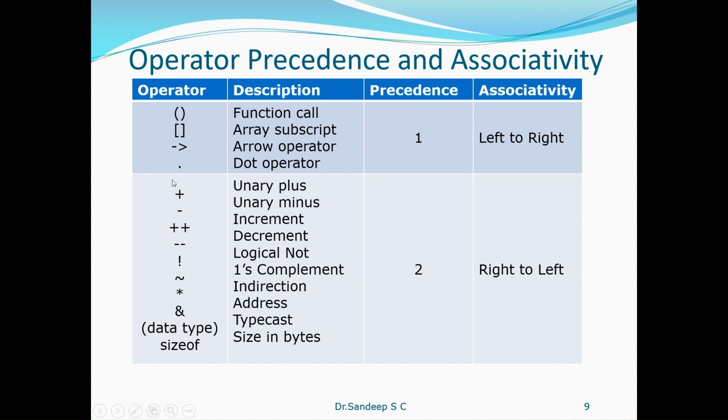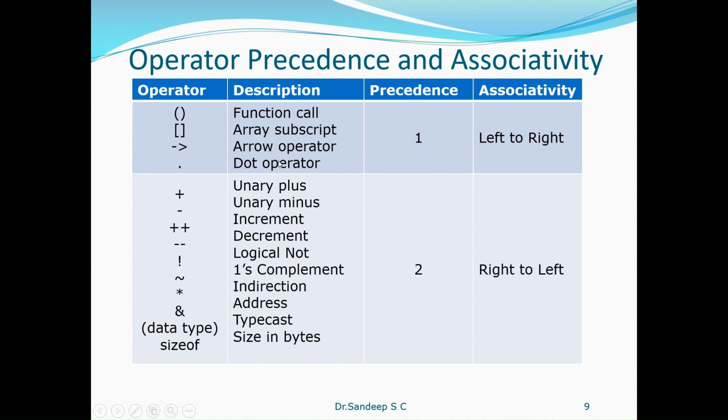Depending on the operator we use, the precedence and associativity will change. Associativity is basically how it is executed: if we have multiple operators in the same instruction, from which side it starts evaluating. Precedence is the importance given to a particular operator.